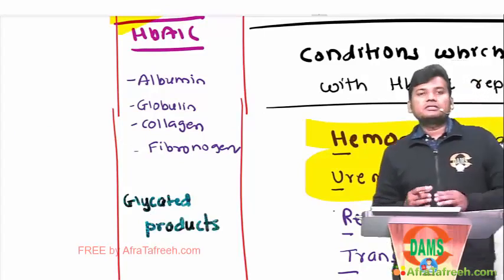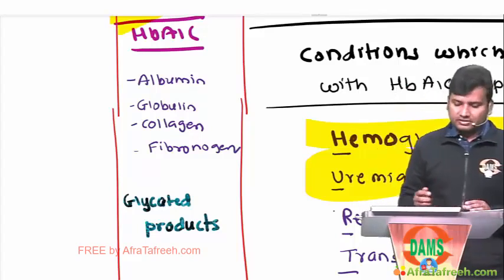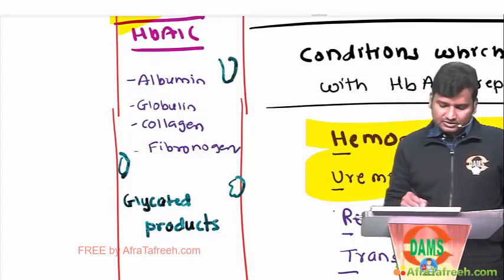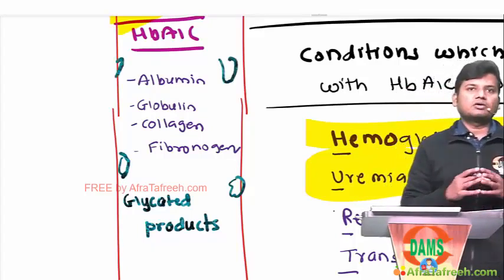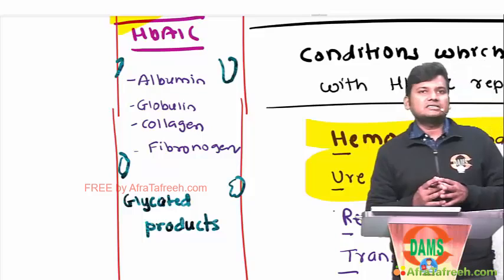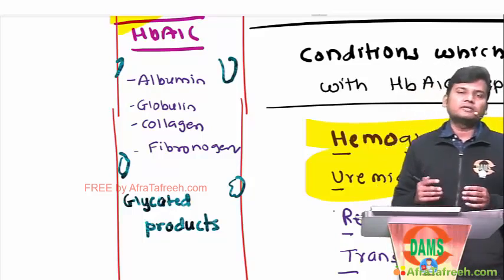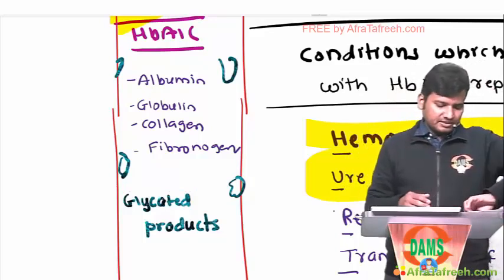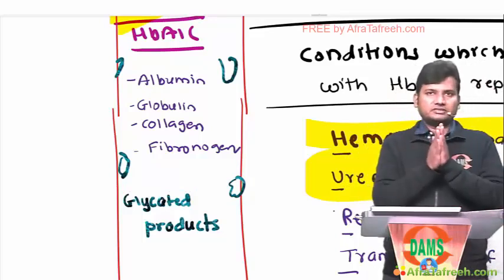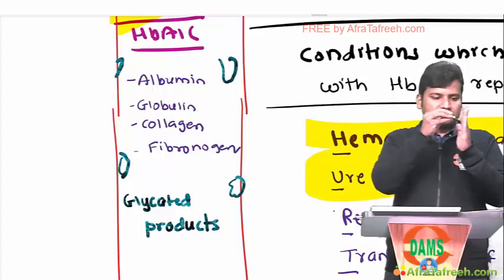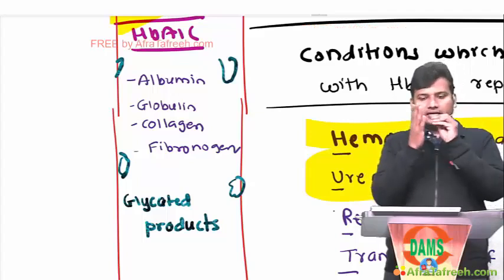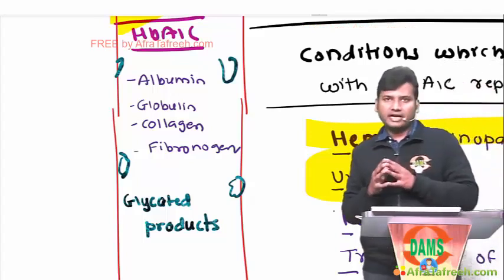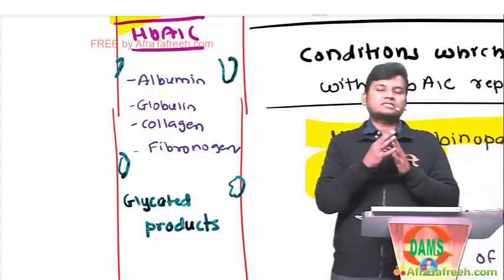Now these glycated products will be deposited on blood vessels, and they will decrease the diameter of the blood vessel. Once deposited, they will act as oxidative radicals and damage the blood vessel.